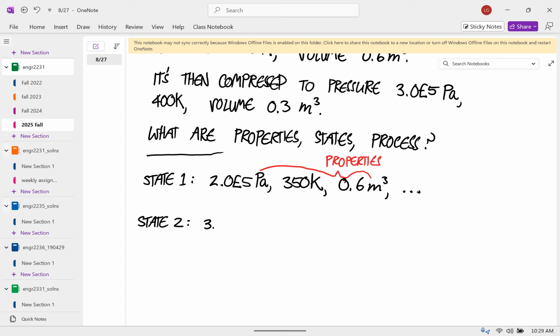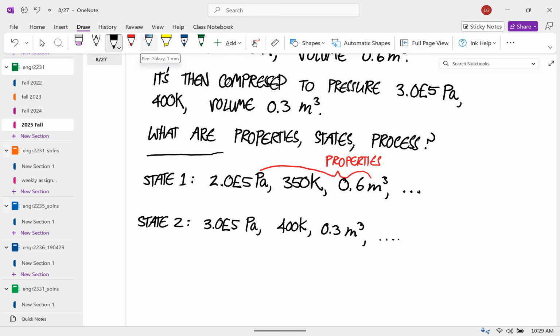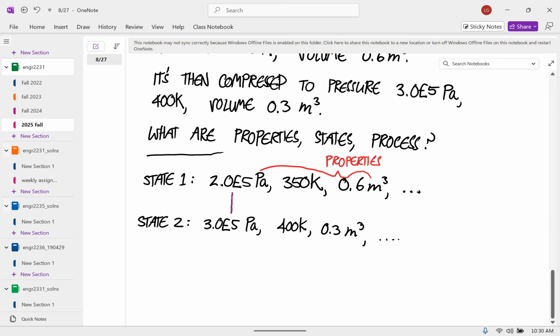So that would be 3 times 10 to the fifth pascals, 400 Kelvin, 0.3 meters cubed, and all the things that go along with that. And going from state 1 to state 2, that is the process.